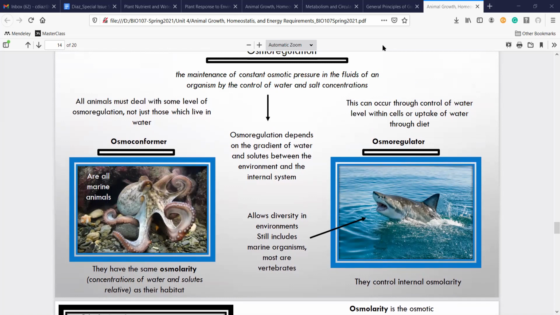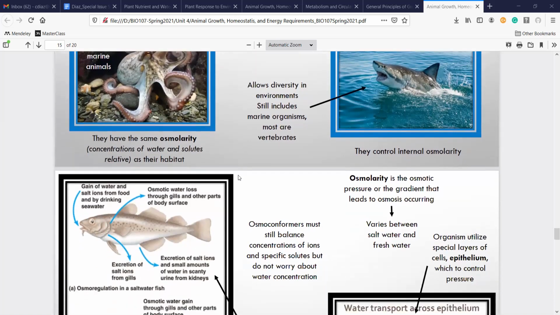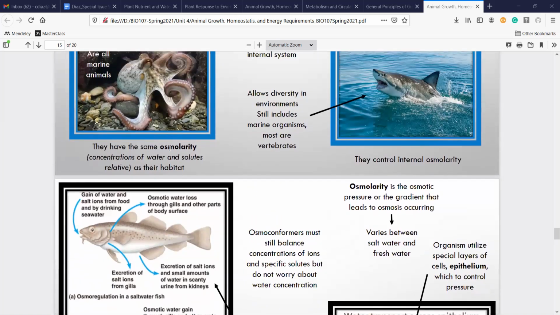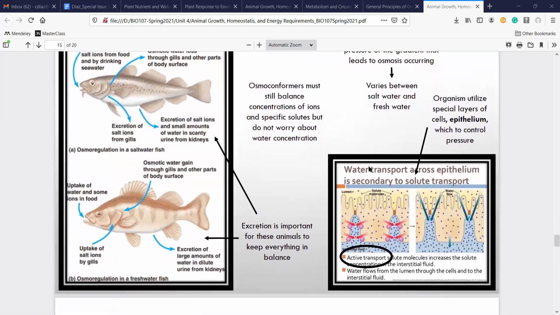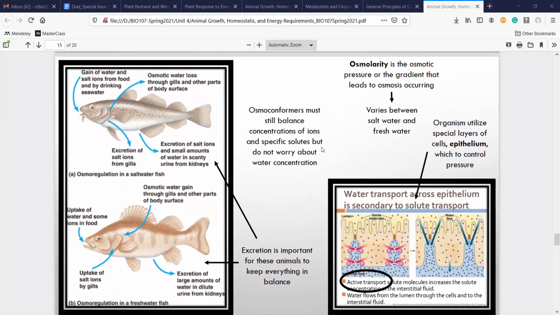Osmoregulators, however, are ones that need to make sure that the salt concentrations are properly balanced out in their body. Organisms still need, no matter if they're an osmoconformer or an osmoregulator, to balance out those salts and protein and those salts and water in their cells, right? Because you can't help that diffusion is going to happen.